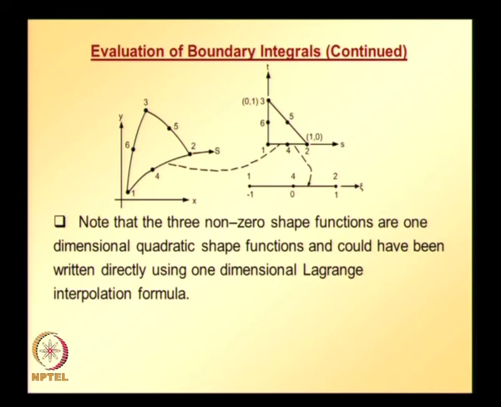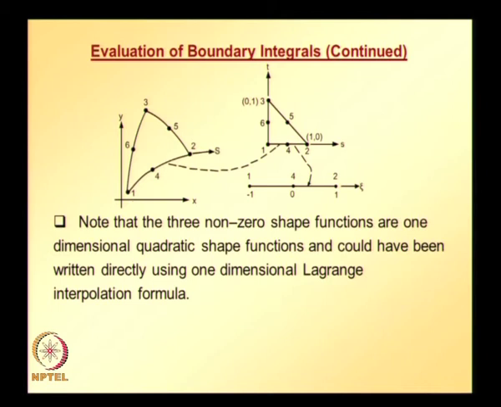and note that the 3 non-zero shape functions are one dimensional quadratic shape functions, and they could have been written directly using the one dimensional Lagrange interpolation formula. Along each of the edges, the shape function of a node which is not part of that edge is going to be 0.